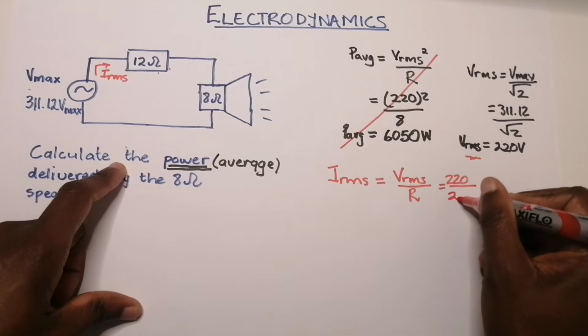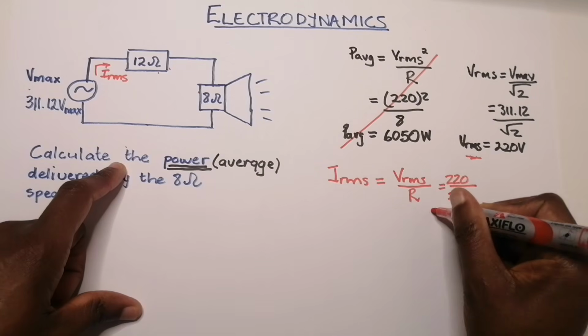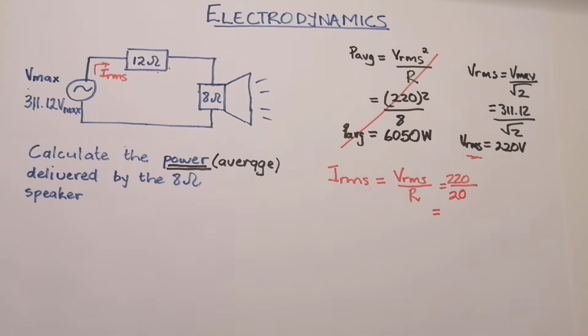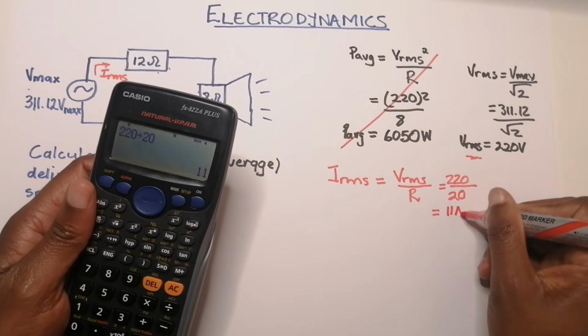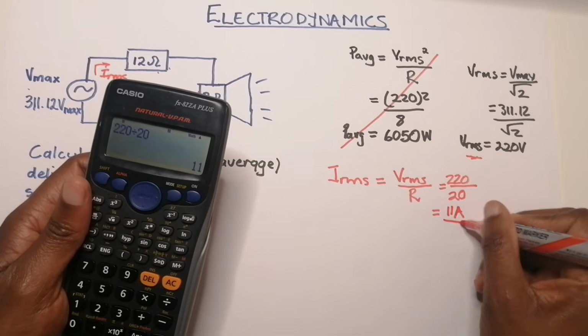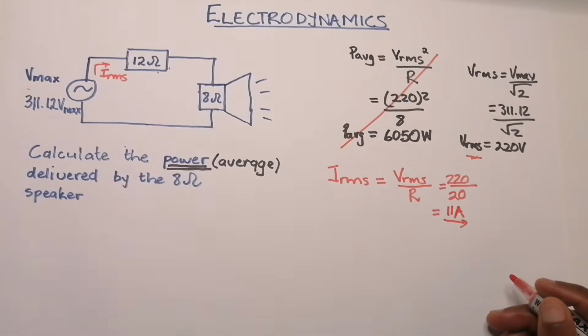Can you see that? So in this case, that would be divided by 20. So this is 220 divided by 20, and I get that the current passing through is 11 amperes. I hope you are all with me, all right?